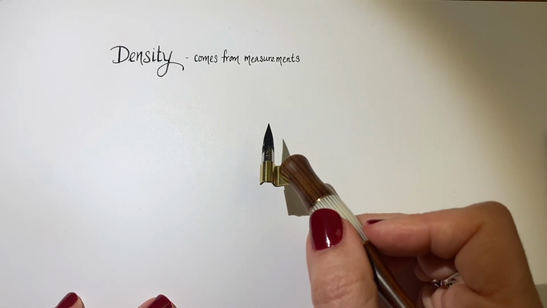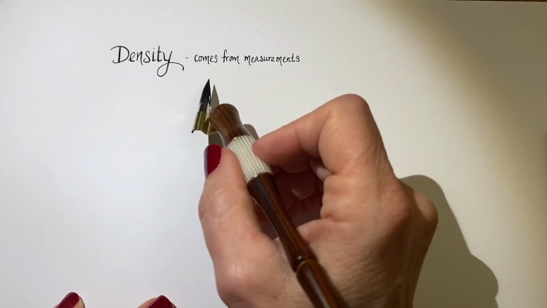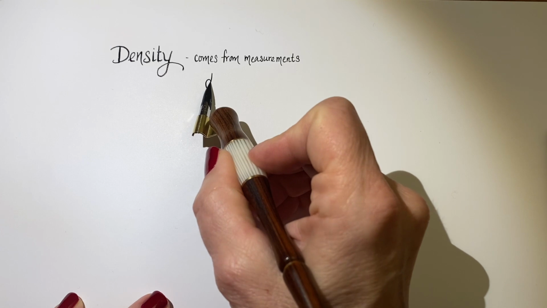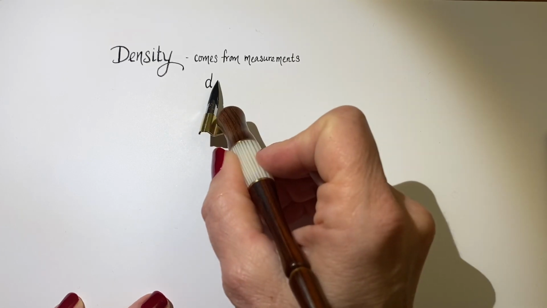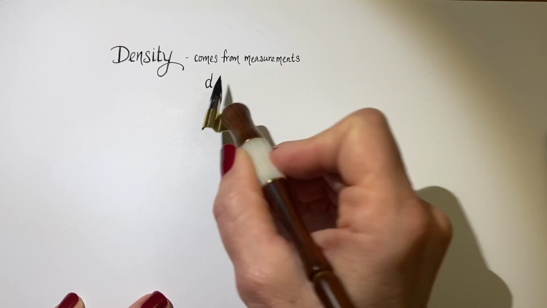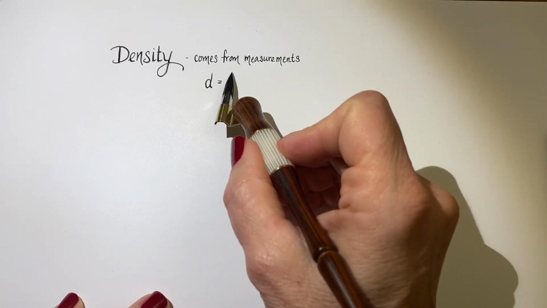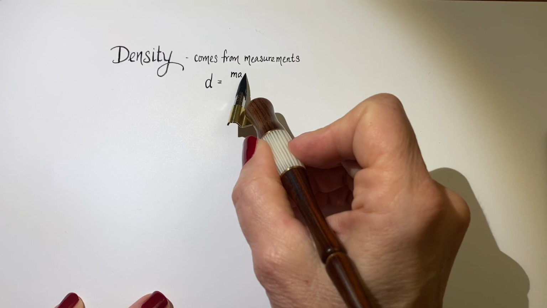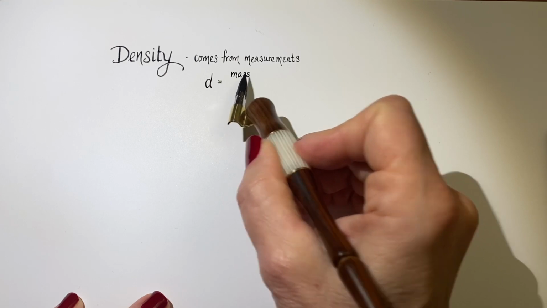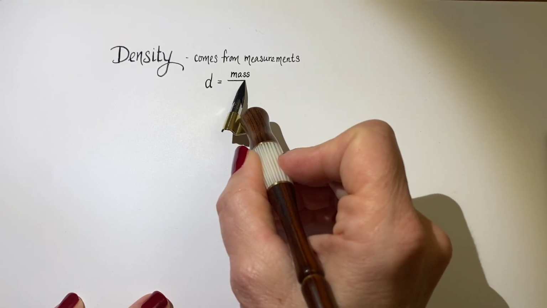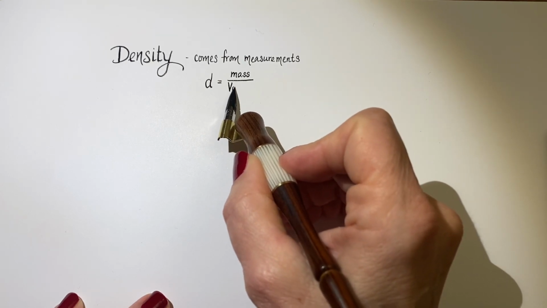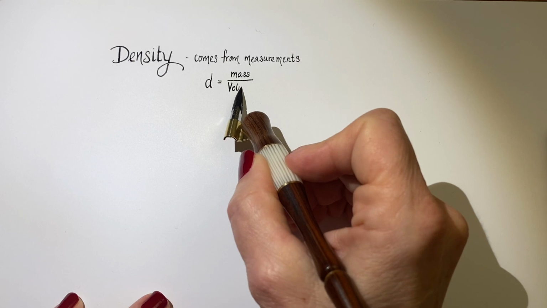Density can help us because density, which I'll call lowercase d, is a ratio. And it is a ratio of the mass of the substance, whatever it might be, per unit of volume. How much space does it take up?